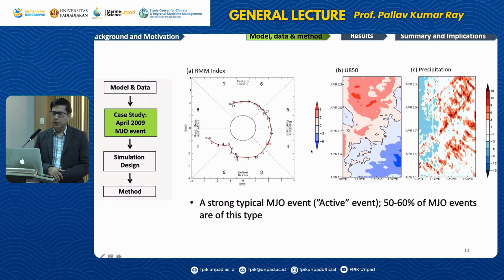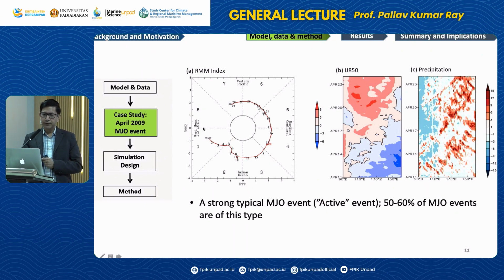So what we do is we choose a particular time to run our simulation. In this case, I'm choosing April 2009 because there was a strong MJO event, and I'll explain why an MJO event is useful in this particular experiment. This is a typical way we show how the MJO propagates.